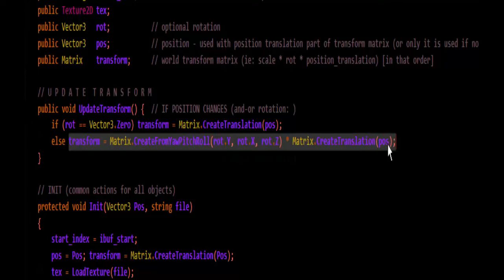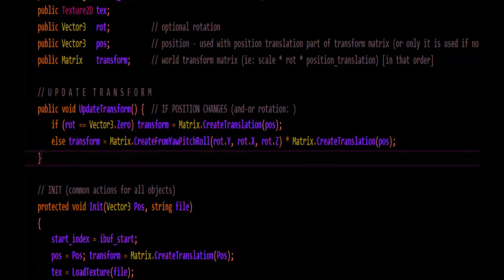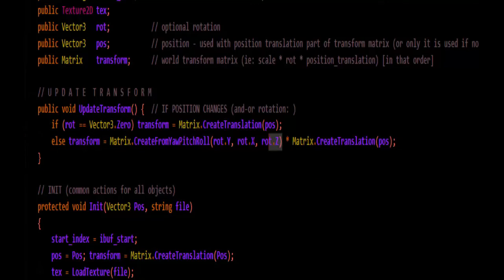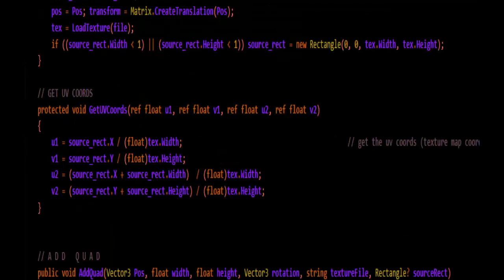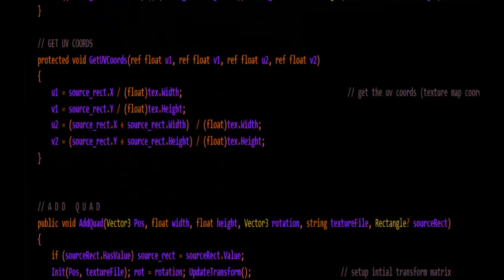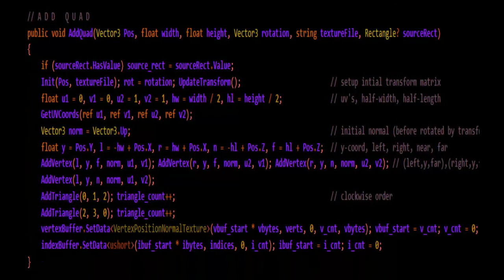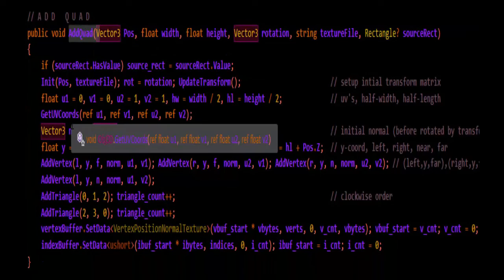It's going to do this part right here because this is false. So from the yaw, pitch, and roll, it creates a rotation, then multiplies it by the position translation matrix. And then that'll get the object's coordinates and record them in the transform matrix. So where we want this quad to start off in the world.